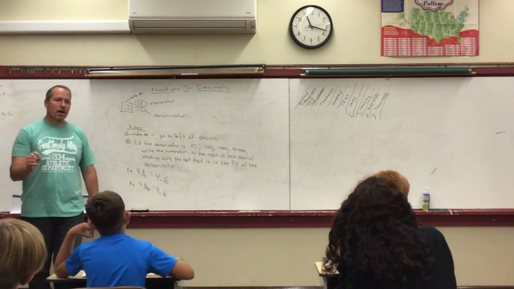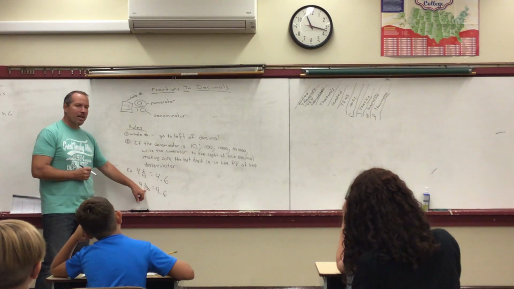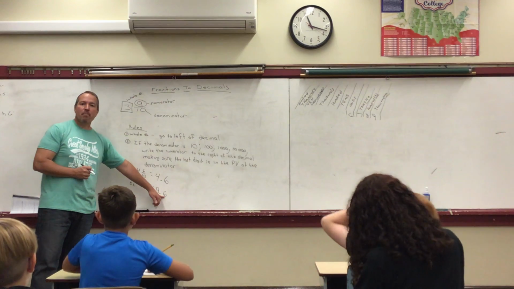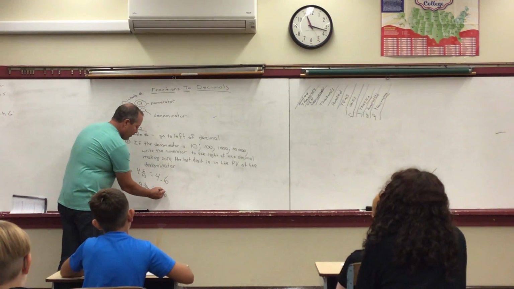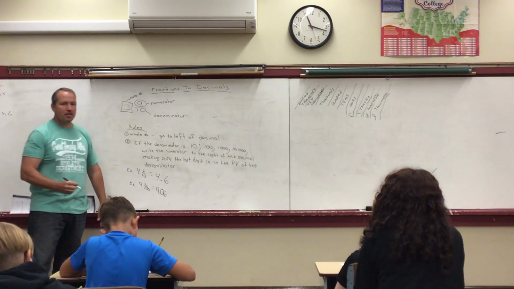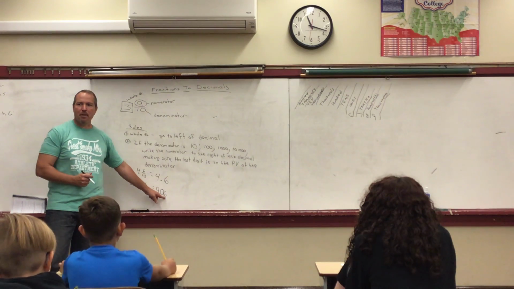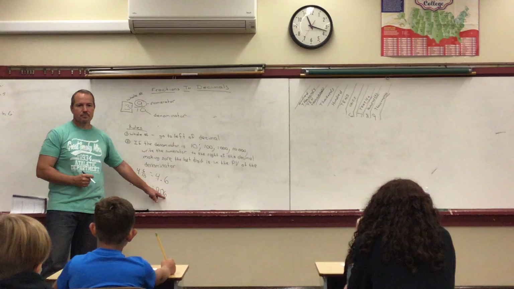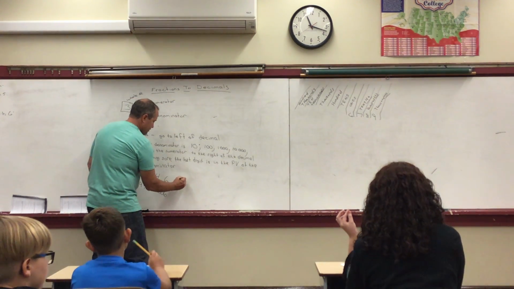But making sure that the last digit is in the place value of the denominator. Denominator is? 100. So that means that this has to be in the 100th place. Is it in the 100th place? No. So we have to put a 0 between the 6 and the decimal to make sure that the last digit is in the 100th place. Another example.